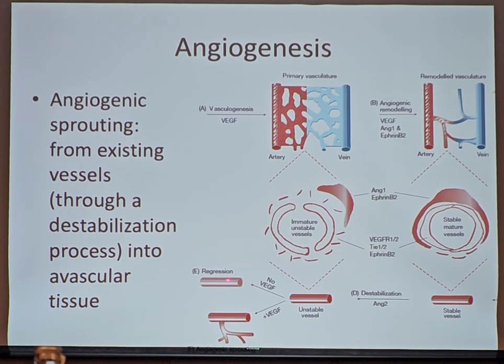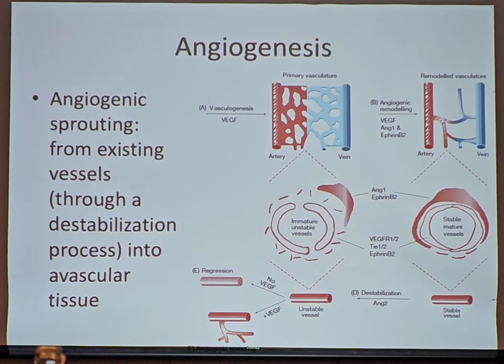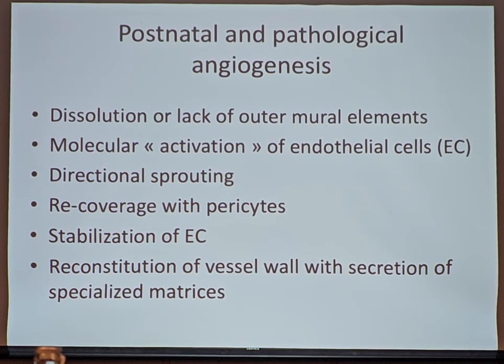In the absence of a lack of oxygen, i.e. if there's enough oxygen, that means that enough vessels are somewhere else, then this vessel is no longer needed and will regress.